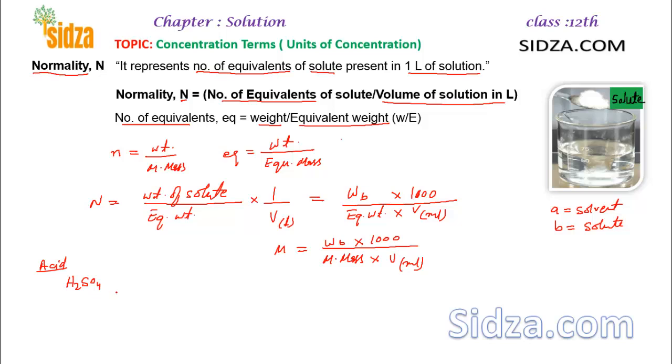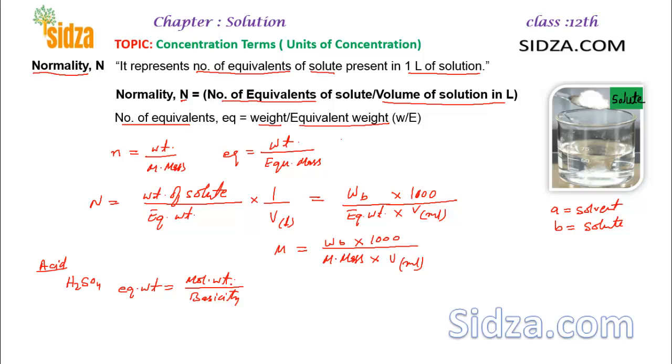If I want to find the equivalent weight of H2SO4, for any acid, basically the equivalent weight of the acid will be equal to its molecular weight divided by its basicity, right? Basicity means the number of H plus ions given by one molecule of acid.